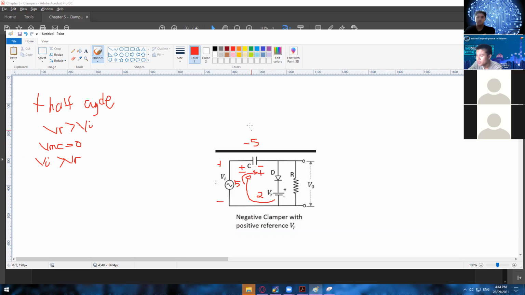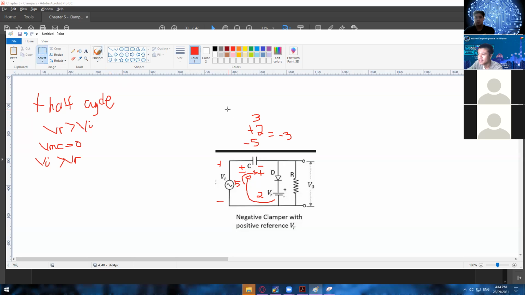So we have here plus 2 volts. And if you add this one, we'll have negative 3 volts. But since this one is working the other way around, this will become positive 3 volts.